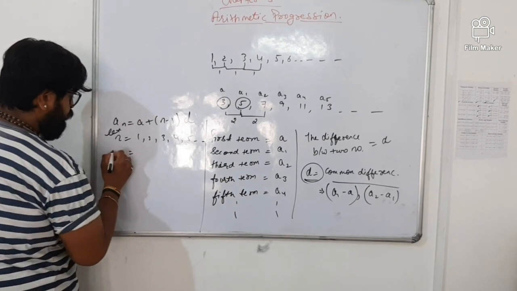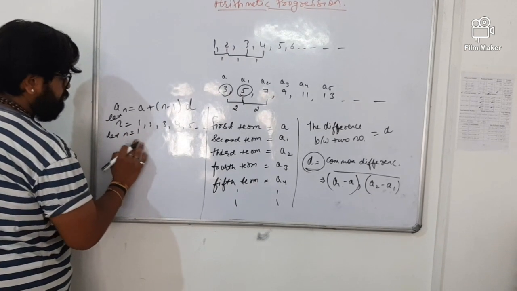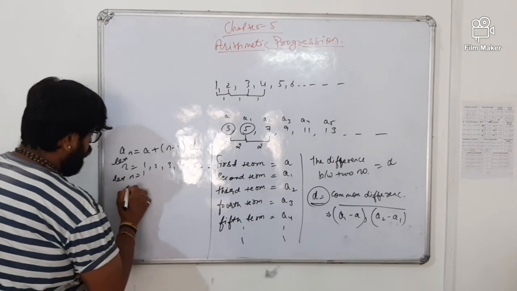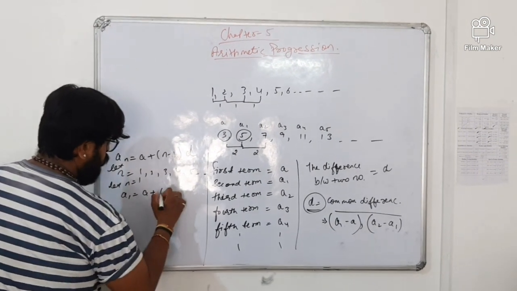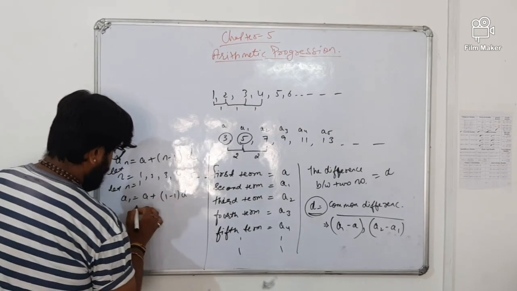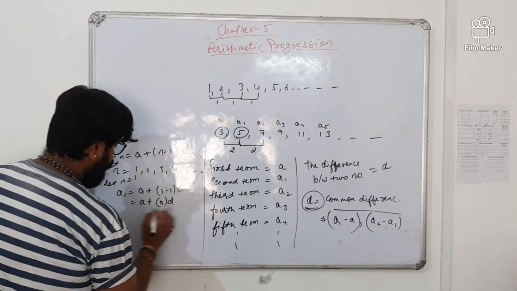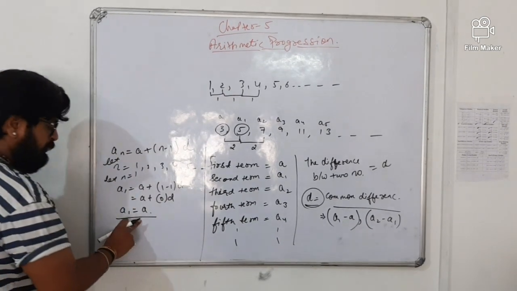Let's take one example, n equal to 1. Then A1 is equal to A plus (1 minus 1) into D. So it becomes A plus 0 times D, so A1 means A. So this is the first term.